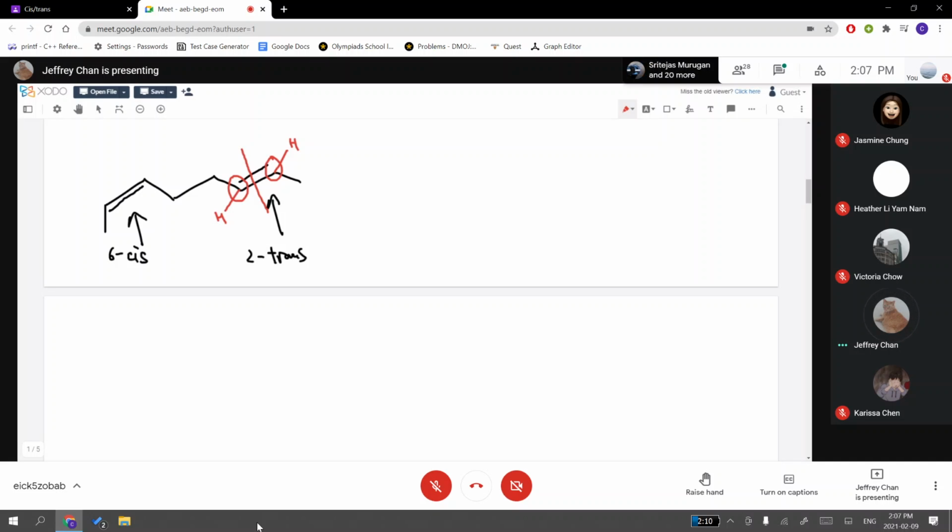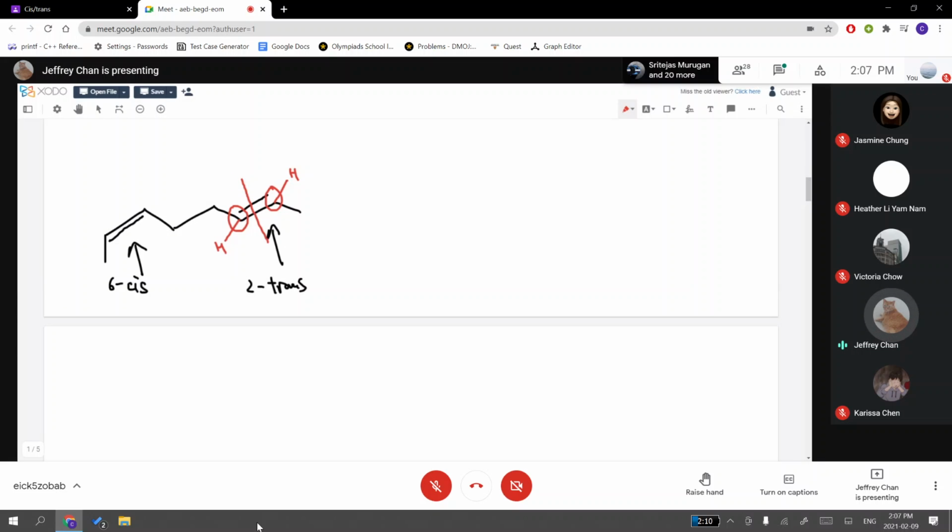All right. So here is trans because if I focus on what I call the smaller chain, I take my left hand and cover up the left side. The smaller attachment, this is H, is pointing up. If I cover up the right side, the smaller attachment of this carbon, the hydrogen, is pointing down.